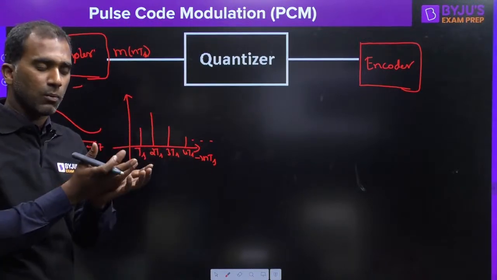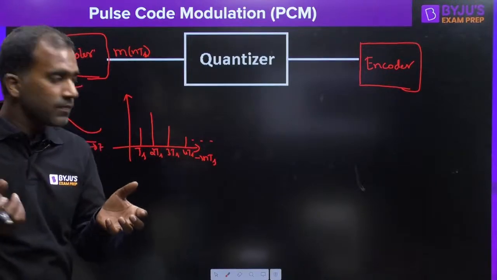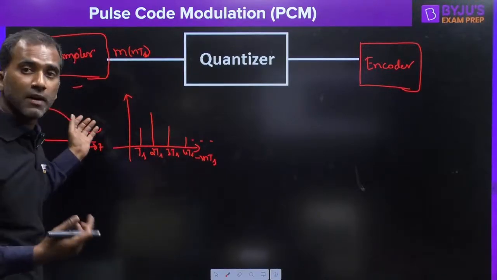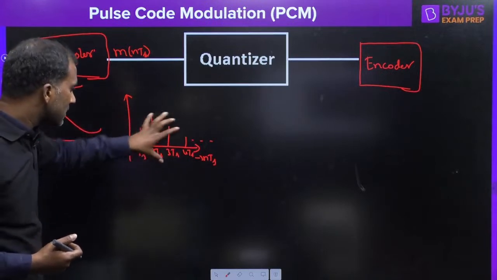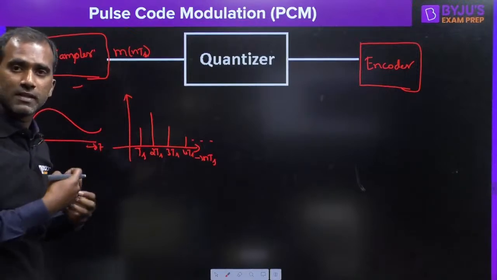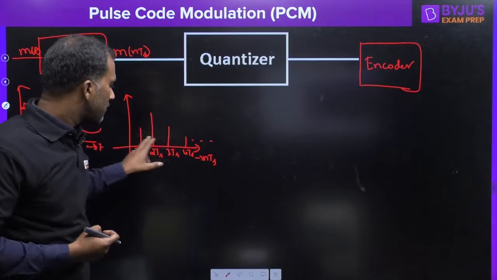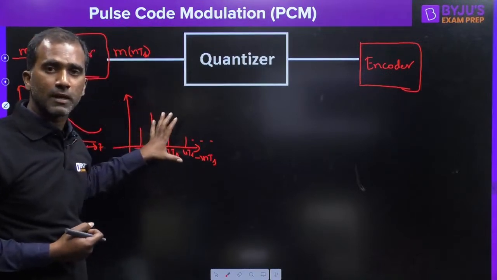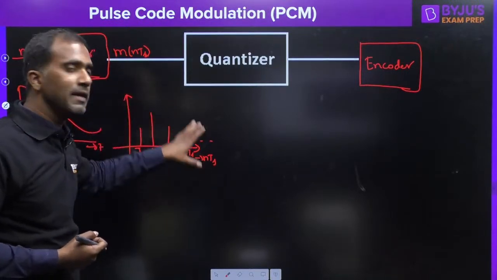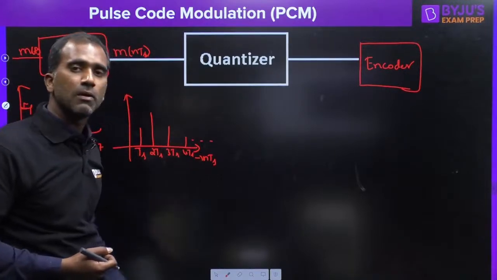From 0 to 4, how many voltages are possible? There is an infinite set of voltages possible. From that set, these samples will take one of those infinite voltages. So what are the possibilities here? Finite samples will take finite voltages only, but the set of voltages possible here is infinite. If you take some sample, what voltage will it take?